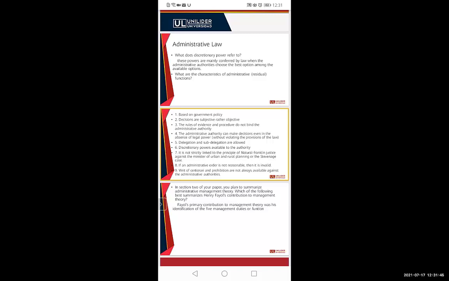Which of the following best summarizes Henry Fayol's contribution to management theory? Fayol's primary contribution to management theory was his identification of the 5 management duties or functions.